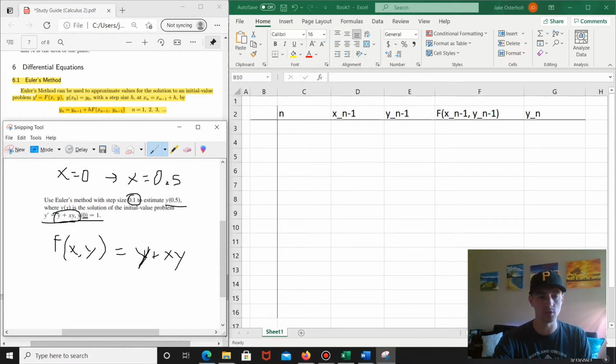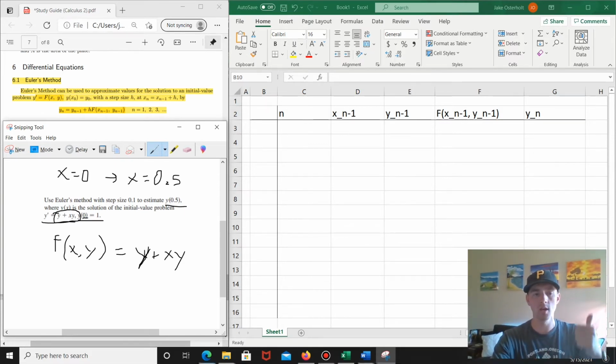If each step is 0.1, how many steps do we have to take to get from x equals 0 to 0.5? We'd have to take 5 steps. 1 step gets us to 0.1, 2 steps to 0.2, 3 steps to 0.3, 4 steps to 0.4, 5 steps to 0.5. So we have to take 5 steps to get from x equals 0 to x equals 0.5.